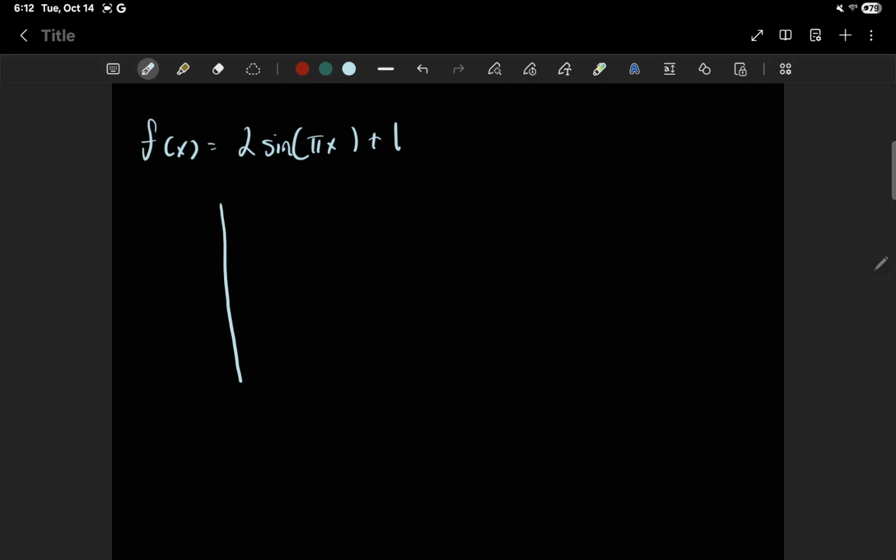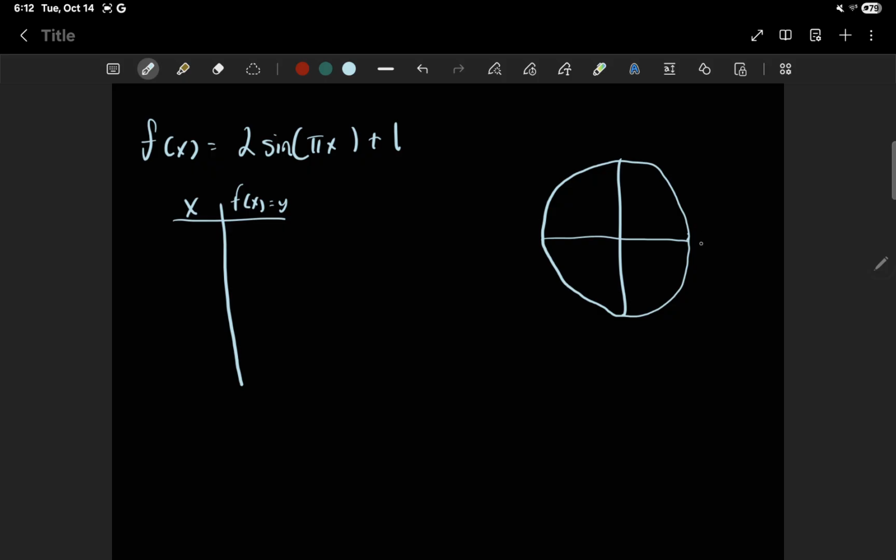We're going to use a table to start, and the x, y values, remember that f of x is just y, that we're going to use are going to be from the unit circle. And for sine, we're going to use the poles. What I mean by the poles is kind of like north, east, south, west.